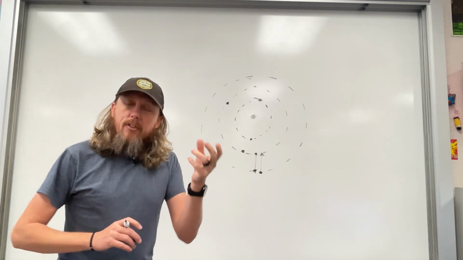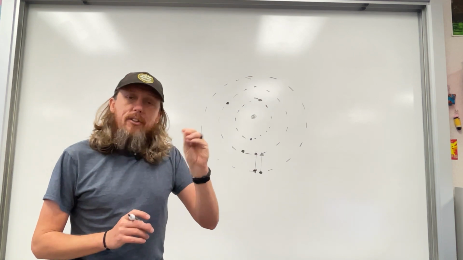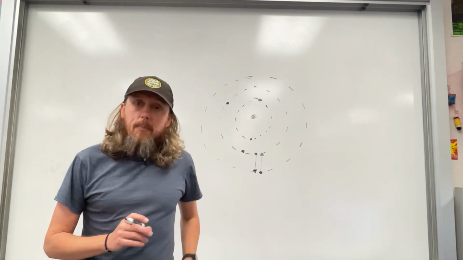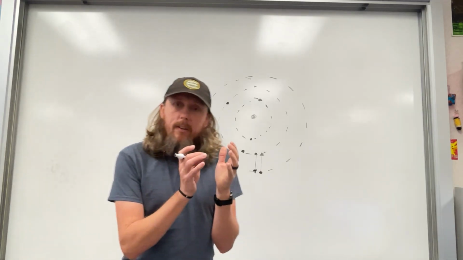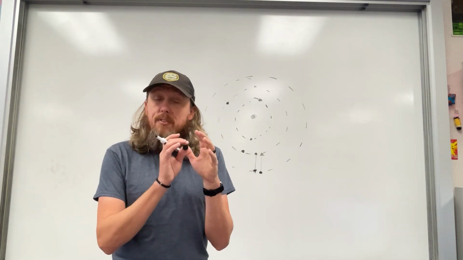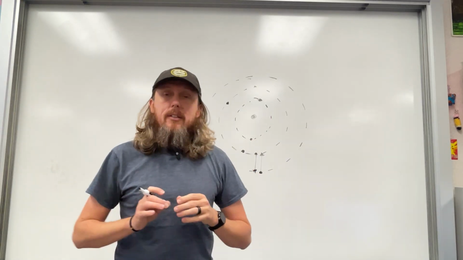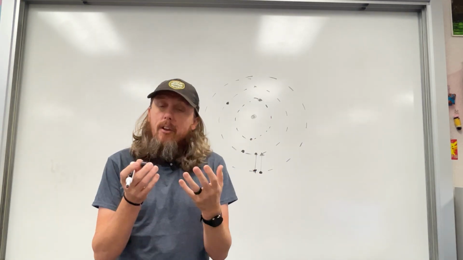So it's going to release different amounts of energy. And if we think about what light is and how we talked about different frequencies of light, as it emits different frequencies, those will be the different colors that we see.